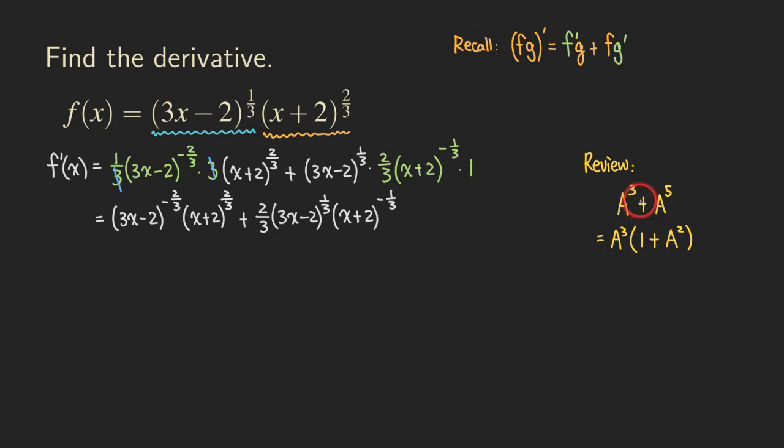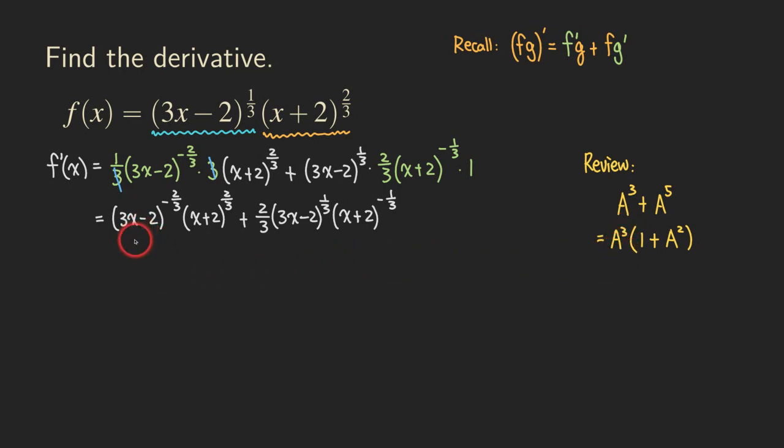Now, this idea can be applied to factoring this kind of expression. What we need to do here is that we want to take out as much as possible in this case, but at the same time, we have to take out the same amount from both terms. So that means we need to look at the powers and we want the smaller of the two, and we use that as the exponent for the greatest common factor.